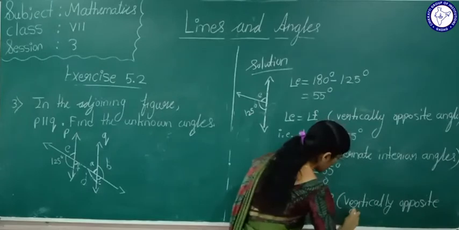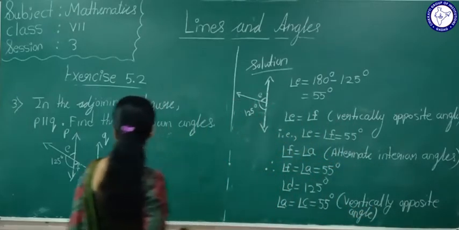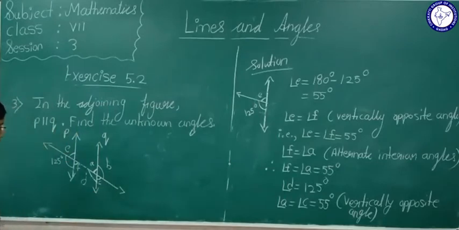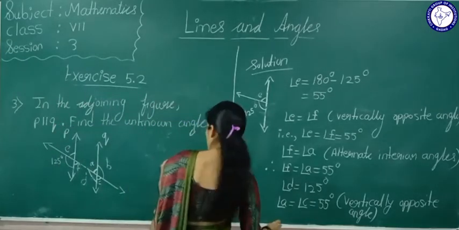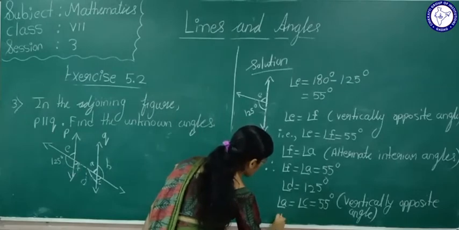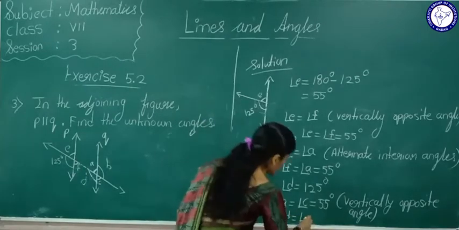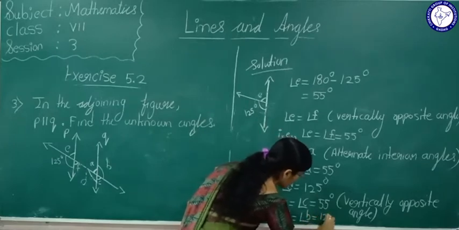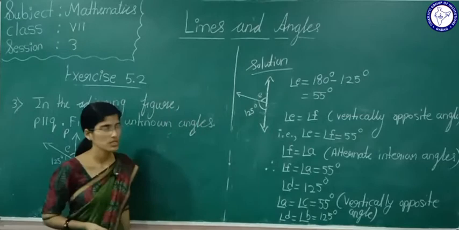Now angle D we got 125 degrees. What about angle B? Angle B is also 125 degrees. Angle D is equal to angle B is equal to 125 degrees, for the same reason: vertically opposite angles.